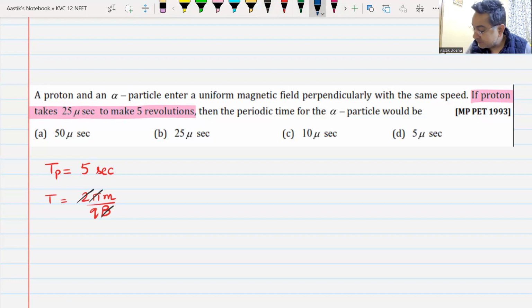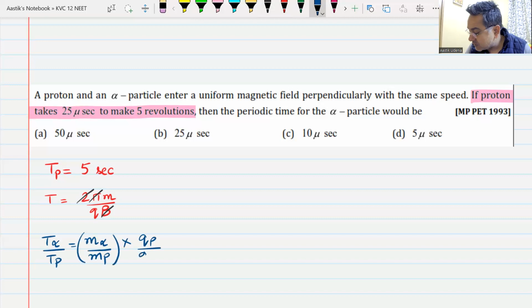So I can now write time period of the alpha particle, which we have to find out, divided by time period of the proton, which is given to you, will be equal to mass of the alpha particle divided by mass of the proton multiplied by charge of the proton divided by the charge of the alpha particle. Mass of the alpha particle divided by mass of the proton will be 4. Charge of the alpha particle divided by the charge of proton would be 1 by 2. So this ratio becomes 2.